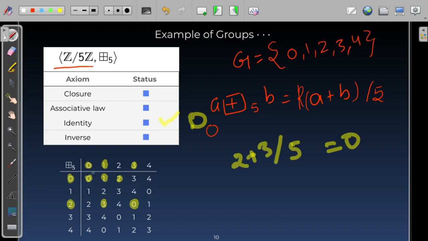And each and every column or row is going to contain your identity element, and in this case our identity element is simply 0. And an inverse does exist because you see that 0 is in every single row and column. So an inverse exists for each and every element of this group. So it's going to be a group under modulo 5 addition.